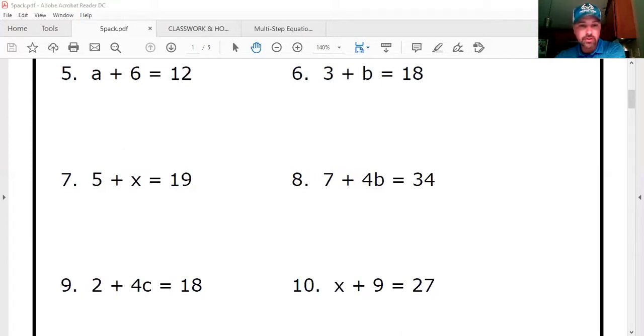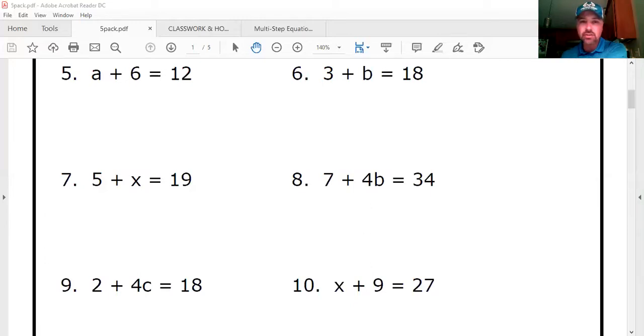I'll do it here. I don't know if it's going to show you my calculator or not, but 4 times 6.75 equals 27 plus 7 is 34. Okay. So it does work. Not real happy that that's not a whole number, but it happens.